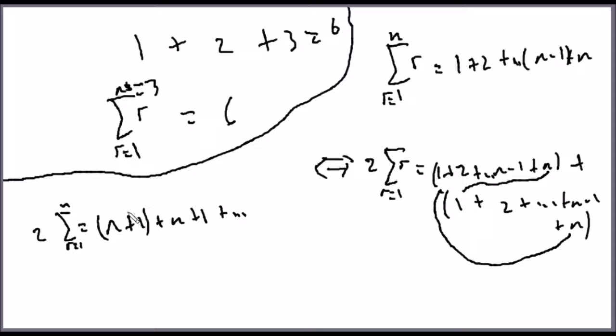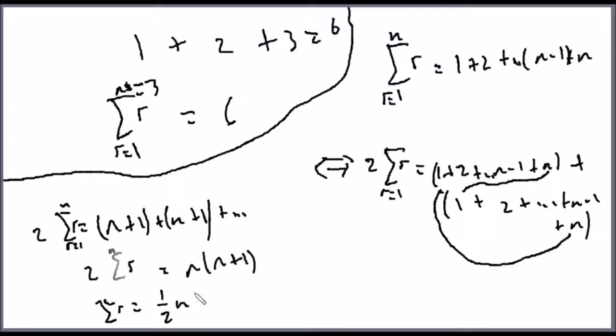This means that there's just n lots of n plus 1, meaning that 2 sigma of r equals n times n plus 1, and so sigma r equals a half n times n plus 1.